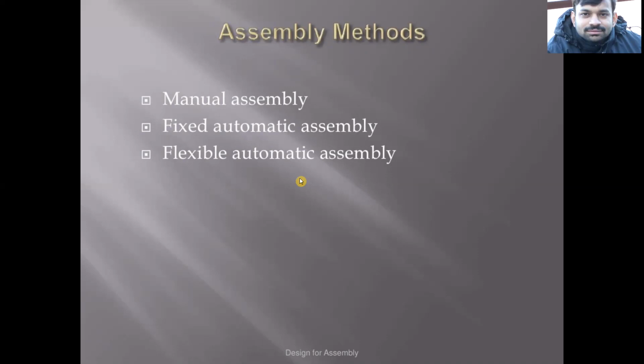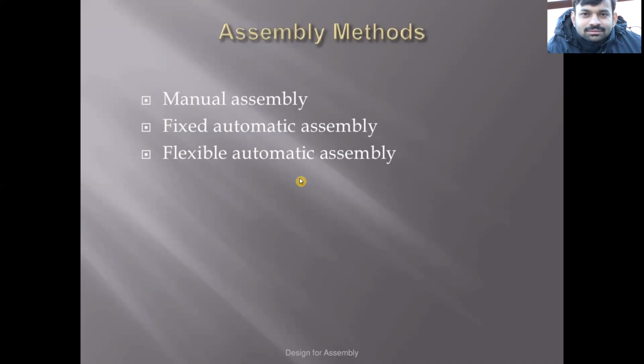Then what can be the assembly methods? Broadly there can be three types of methods. First is manual assembly. As the name says, it can be done manually. Second is fixed automatic assembly, and the third is flexible automatic assembly.